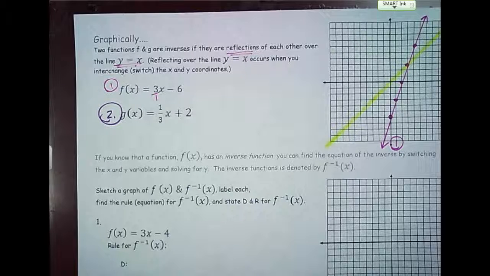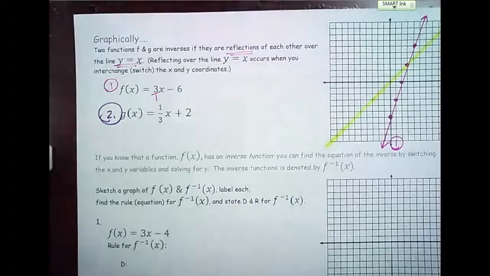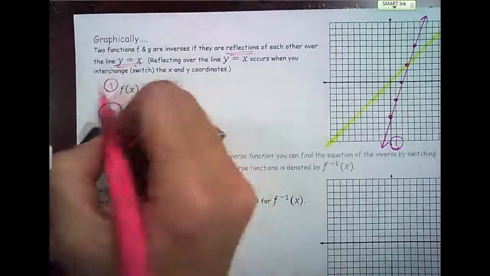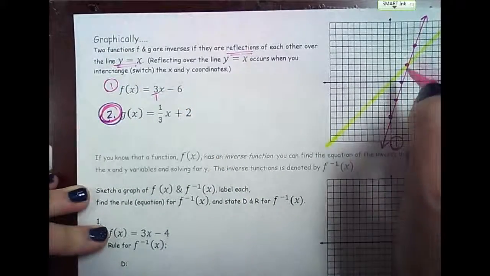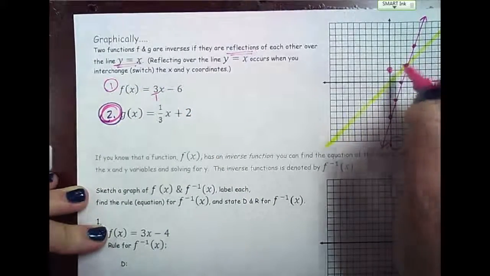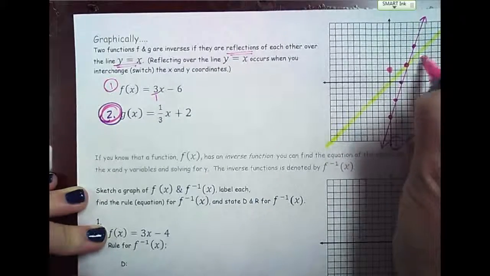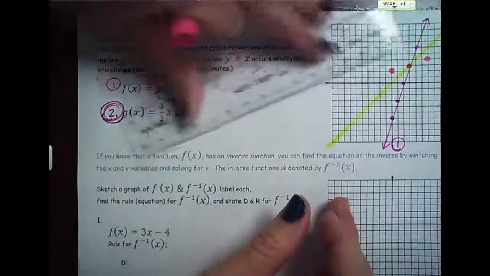Start at 2, go up 1 over 3. Here's another line.